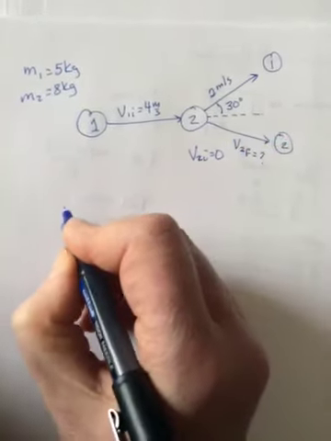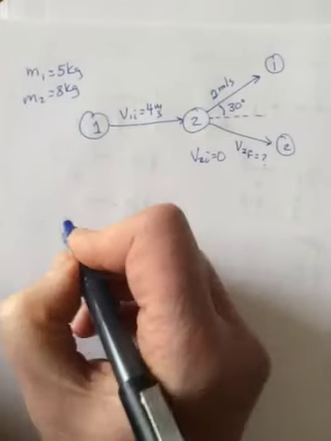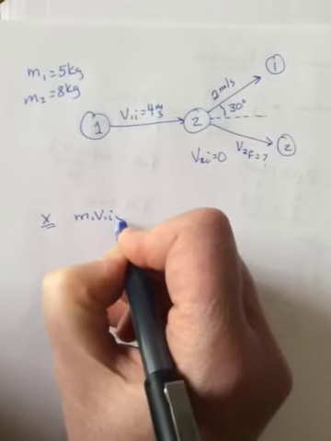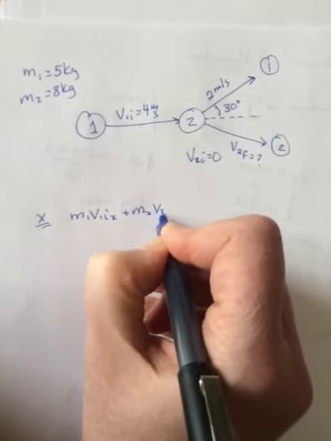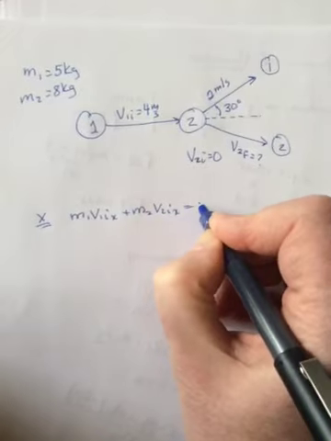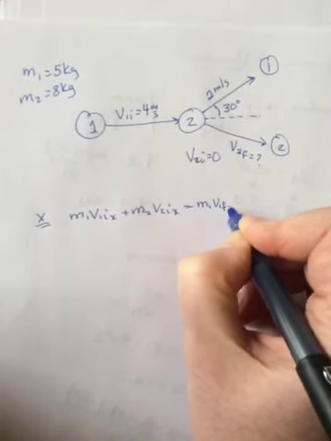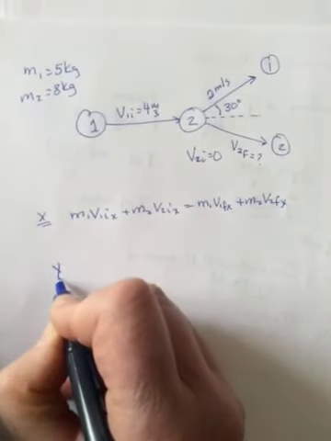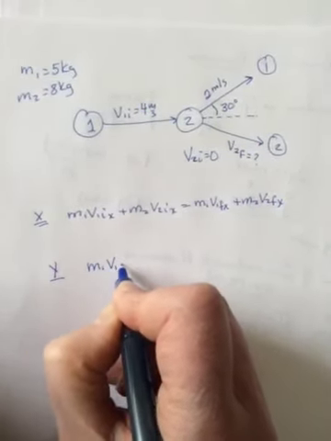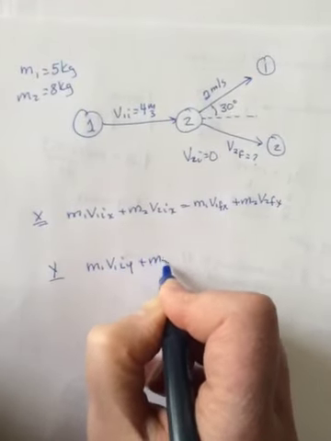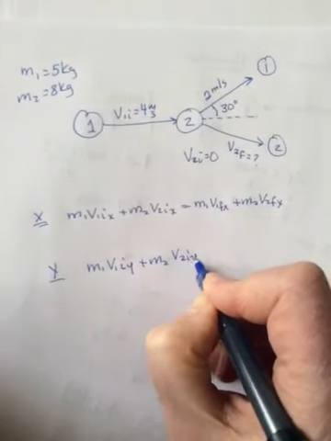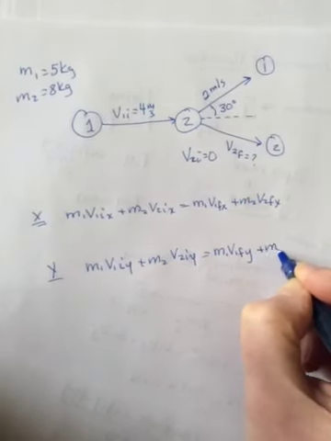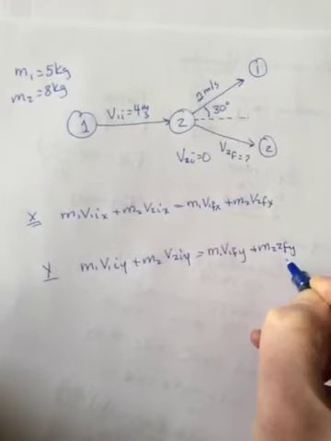And so the good news about conservation of momentum is it holds in both directions. So now you're going to do m1 v1 initial x plus m2 v2 initial x has to equal m1 v1 final x plus m2 v2 final x, and then you're going to do it in the y. m1 v1 initial y plus m2 v2 initial y will equal m1 v1 final y plus m2 v2 final y.